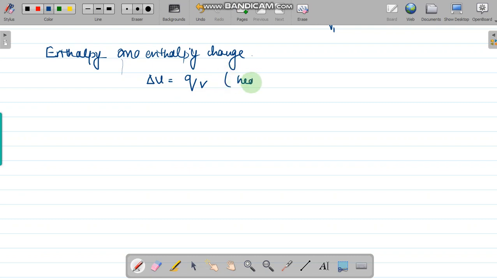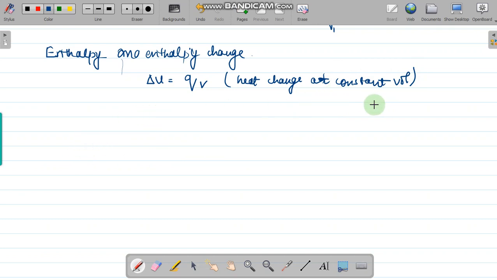This is a heat change at constant volume. Okay.